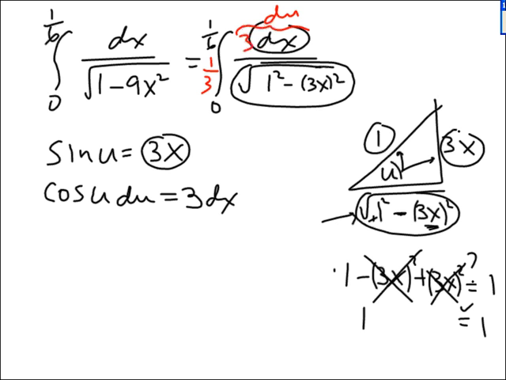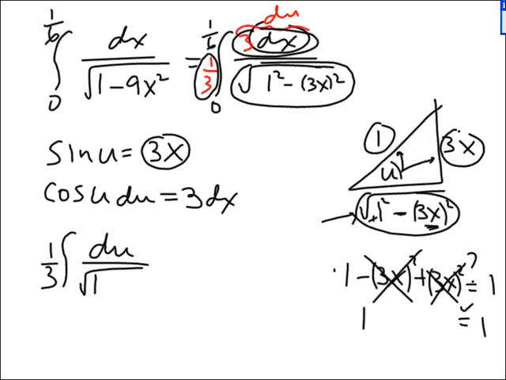Now this integral is, well, we have the 1/3 in the front. We have this piece we're calling du, and the bottom is the square root of 1 minus, excuse me, 3x is sine of u, and it's being squared.